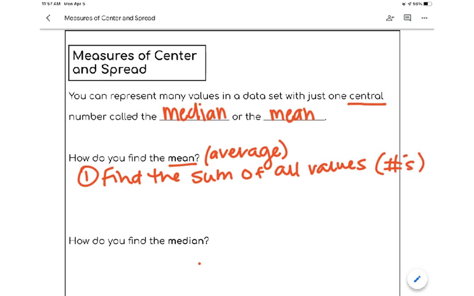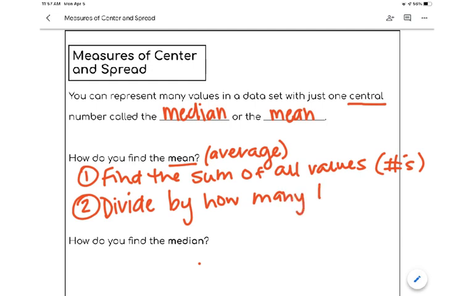So once you've found the sum of all of those values, in order to take an average, you will need to divide by the quantity of numbers that you have. So once you've divided, you should have a number. Sometimes it will be a decimal, but that is going to be your average. So that is your mean.